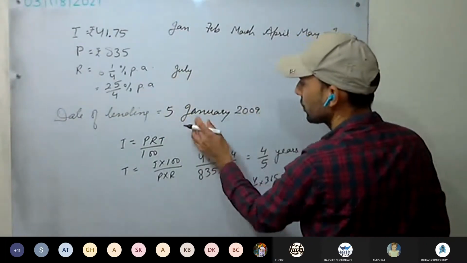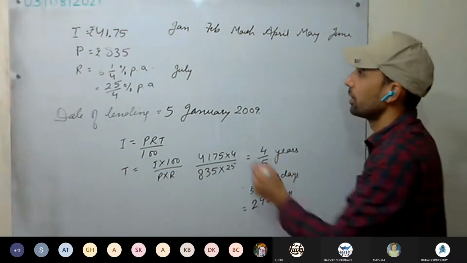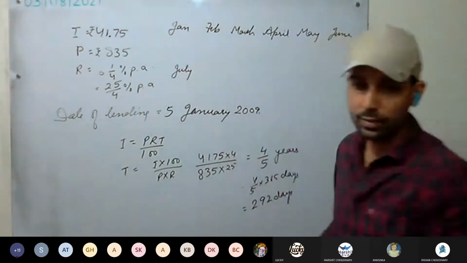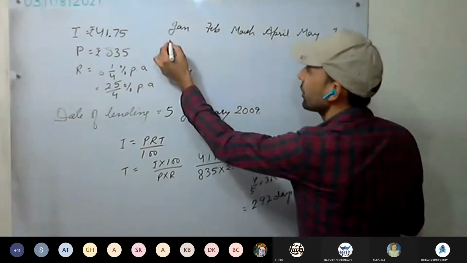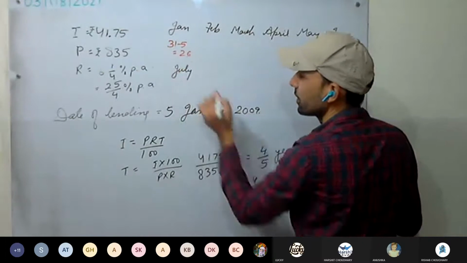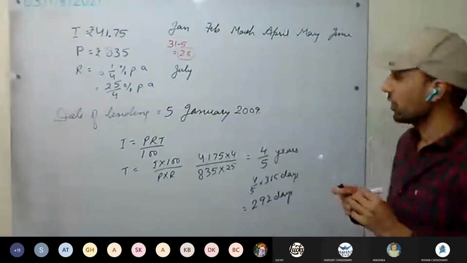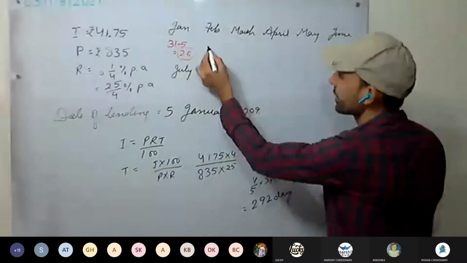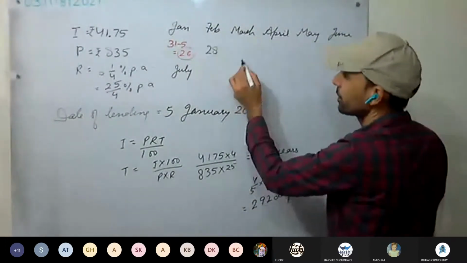In January, how many days has it been lent? 26 days. January 26, February, how many days? 2009 it is, 28 days.